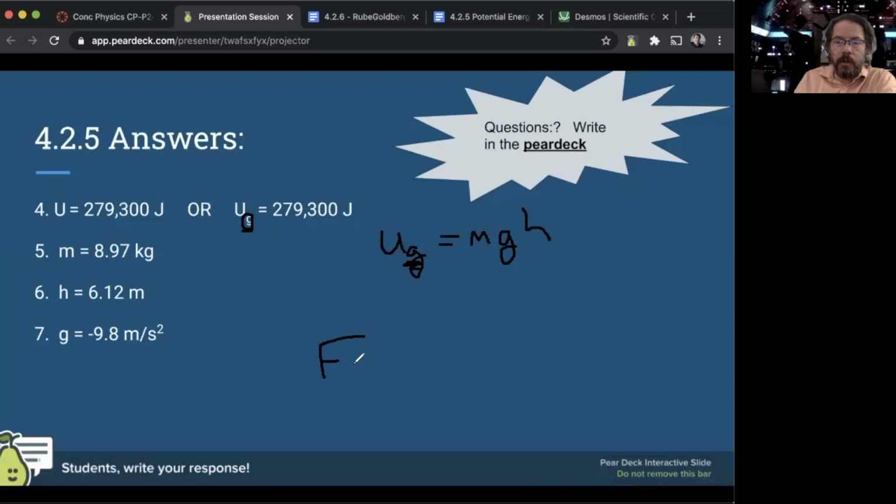So earlier we used FG, which meant the force due to gravity. It's confusing because on your equation sheet that G is written really big and it looks like it might be part of the equation, but it is not U times G. That is not what it is. It is just telling you it's the potential energy due to gravity.